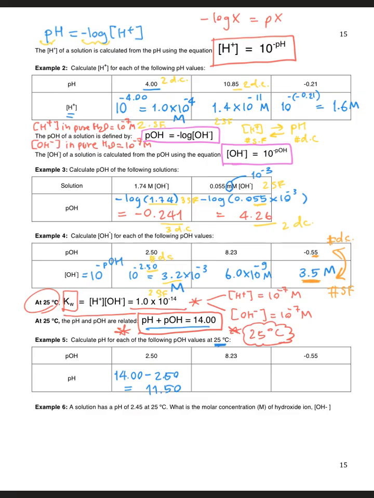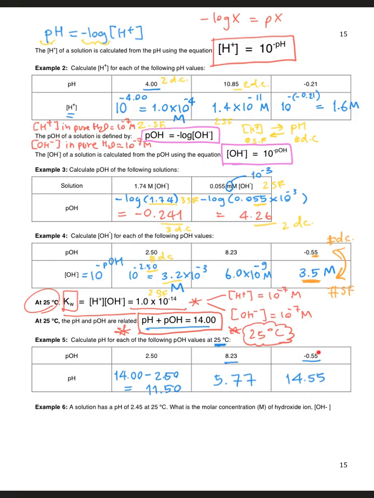If you do the same thing, subtract 8.23 from 14, you will get 5.77. Next, if you subtract negative 0.55 from 14, you will get 14.55. So that means the pH and pOH can be beyond 14 and below 0, as long as those two add up together to equal 14, it should be fine.